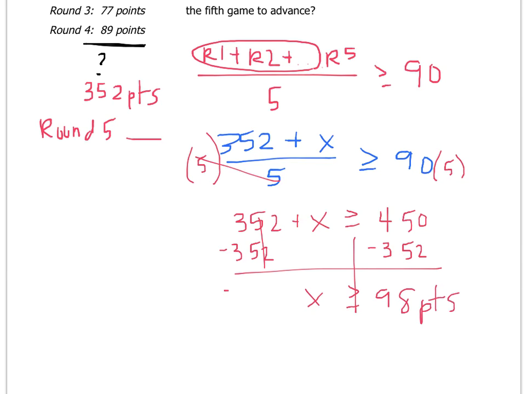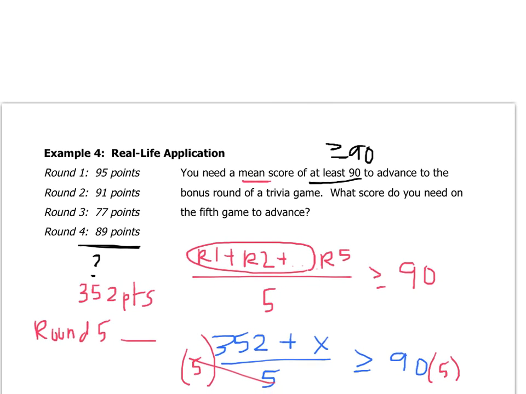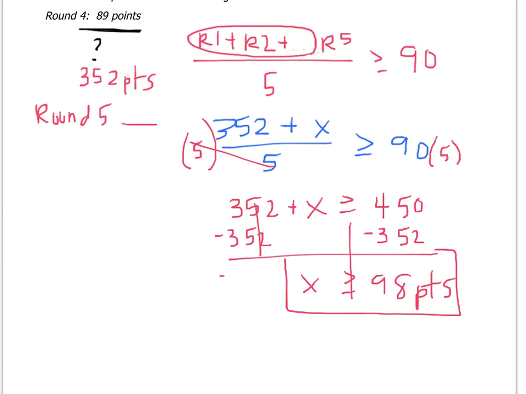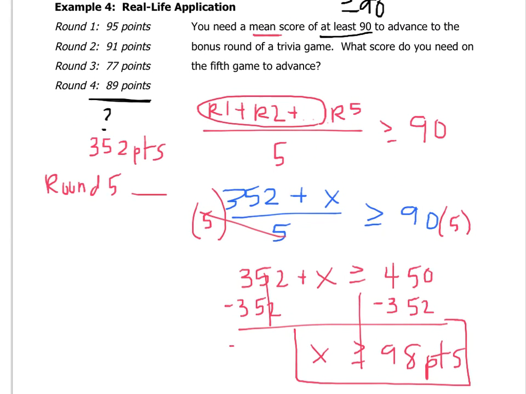So if I get at least 98 points, meaning 98 points or higher, then I've won and I can advance to the bonus round. Now, you could have figured out 98 points on your own, but I want to model it using an inequality so we can practice that skill. If you have any questions, write them down and ask me when you see me next.